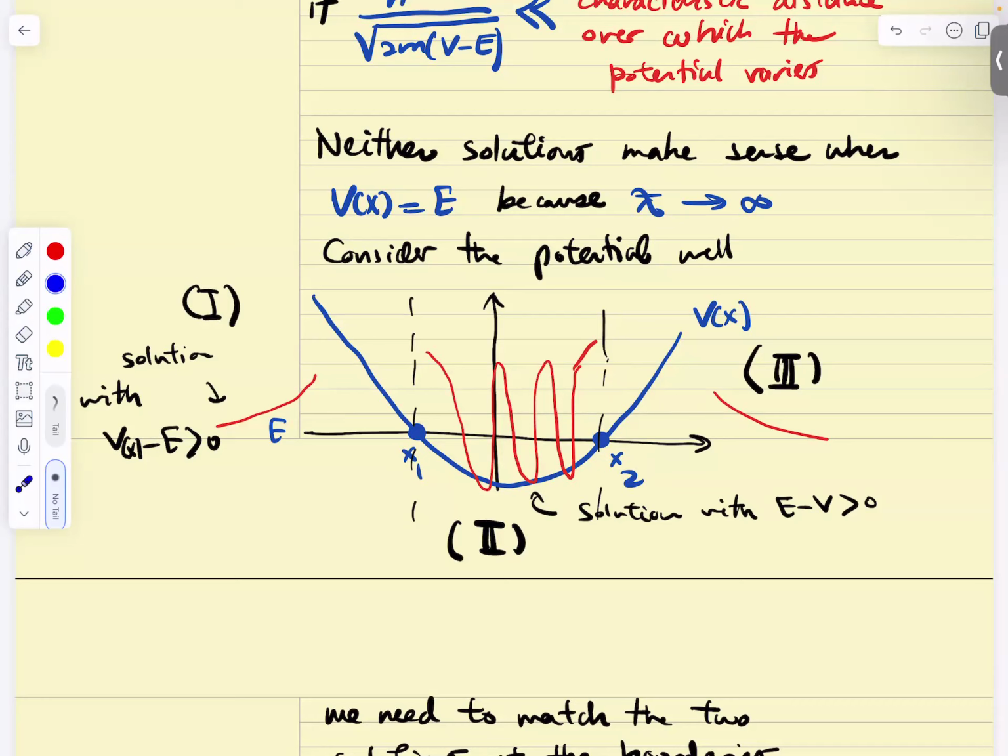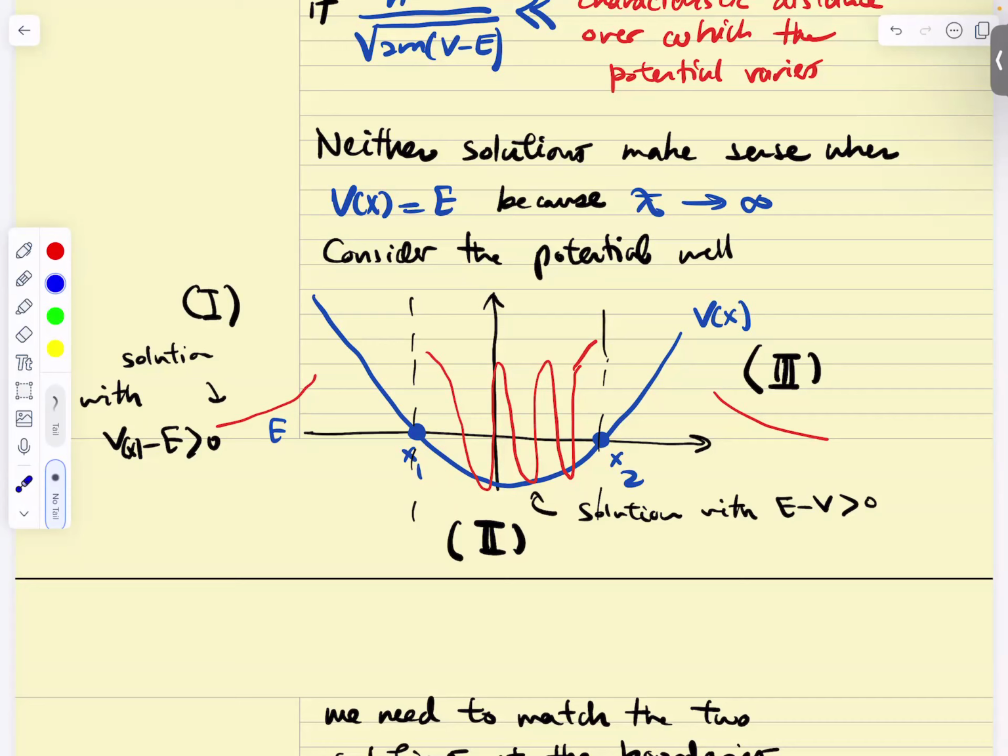So what do I find? In between x1 and x2, I'm solving a Schrodinger equation with Dirichlet boundary conditions at finite distance apart. I have a wave function that has to reach a point here, and at some farther distance, it has to reach the same point. This means that you have quantization.